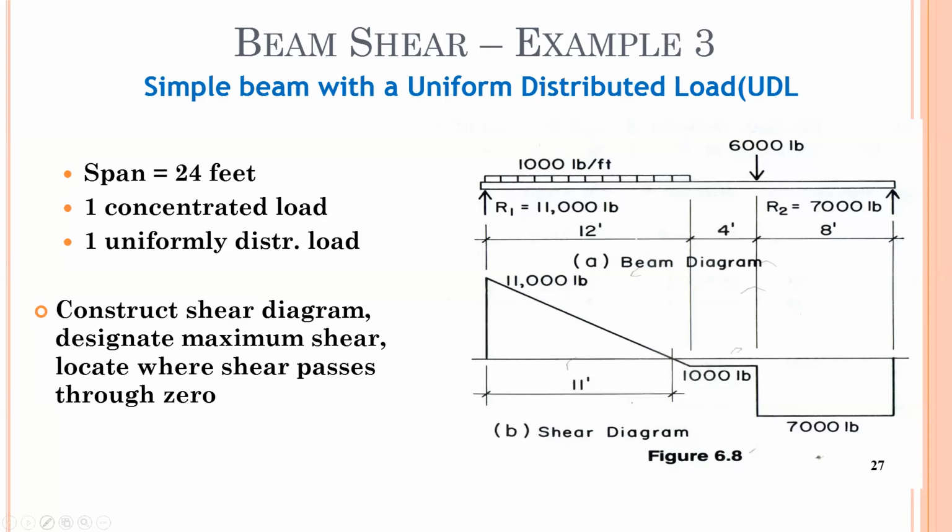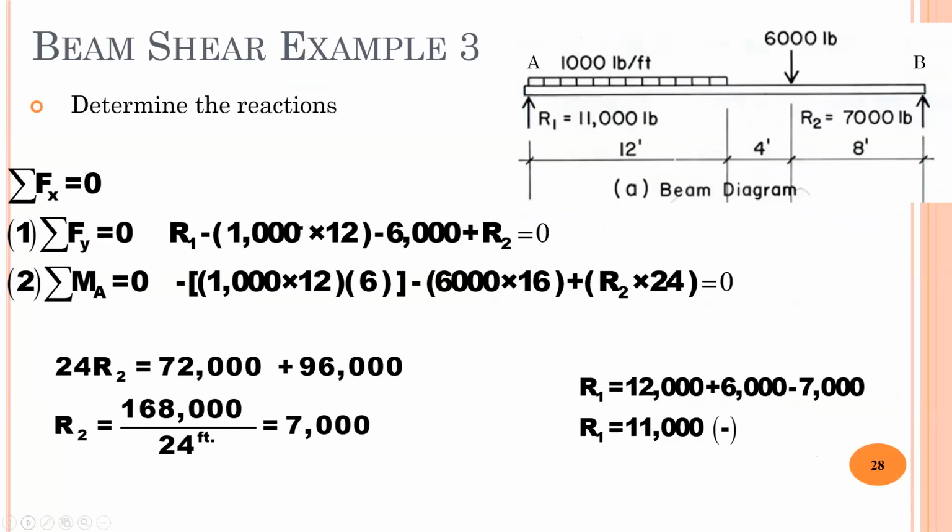All right, so let's look at the next slide. Let's break it out now. We have the UDL, and we're summing all the forces in the Y. So it will be R1 minus 1,000 times 12, because you're converting the UDL to a point load, and that is negative, minus the 6,000, plus R2.